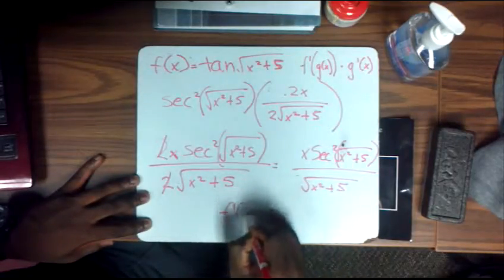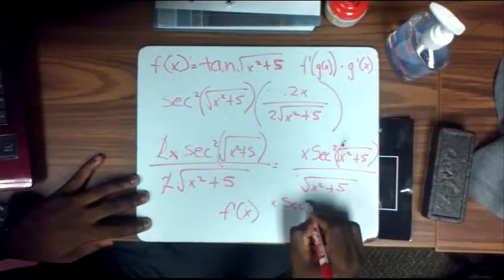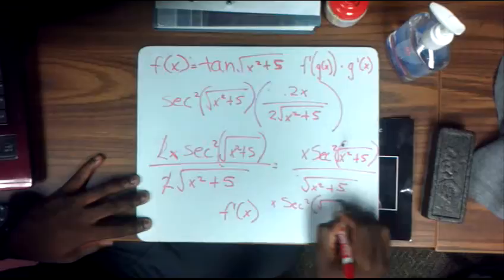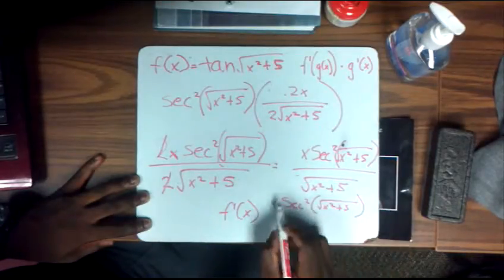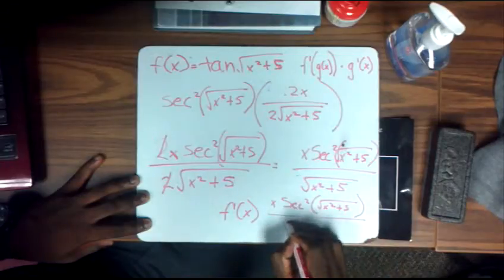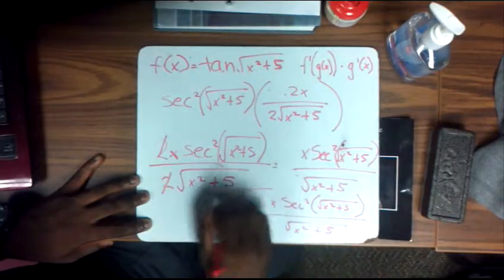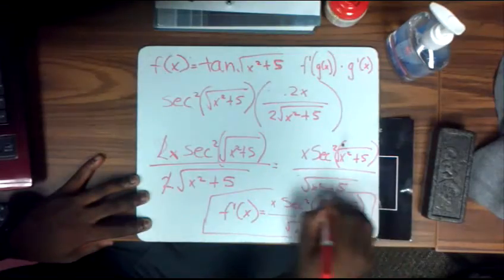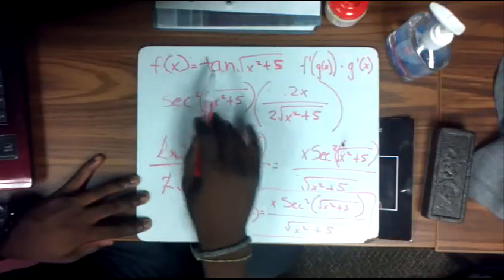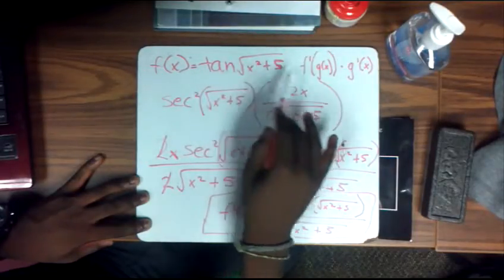So f prime of x is equal to x times the secant squared of the square root of x squared plus 5, close parentheses, over the square root of x squared plus 5. And that right here is the final answer for f of x equals tangent of the square root of x squared plus 5.